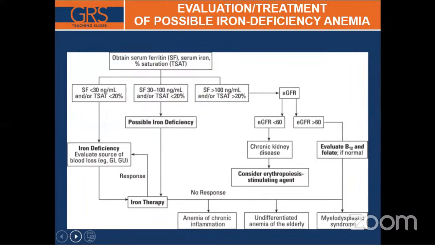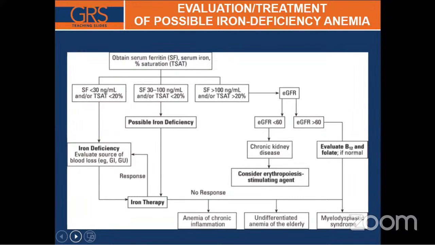To continue with the evaluation and treatment of possible iron deficiency anemia, we have here a graph of the steps to follow. First of all, just like what Dr. Eithar said, we obtain the serum iron studies: serum ferritin, serum iron, and the transferrin saturation. After that, we can see in which bracket the patient falls.